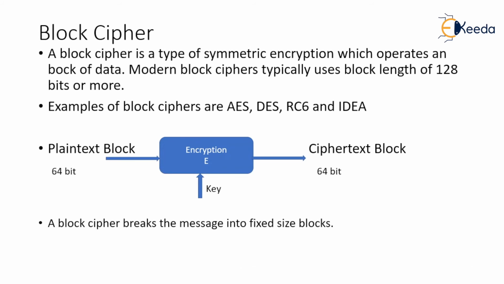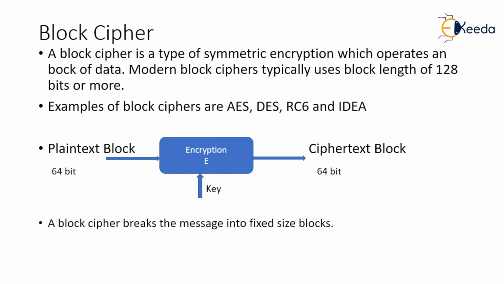Now let's begin with what the block cipher is. Block cipher is a type of symmetric key encryption again, which operates on a block of data. We have studied just now that in the stream cipher, we convert each bit of the plain text into the ciphertext.